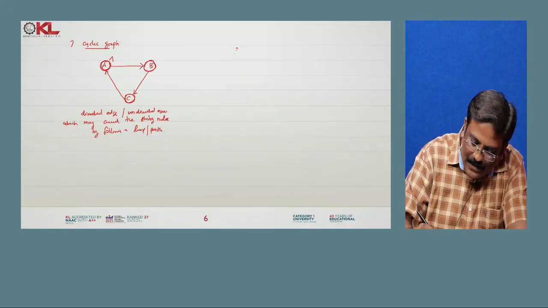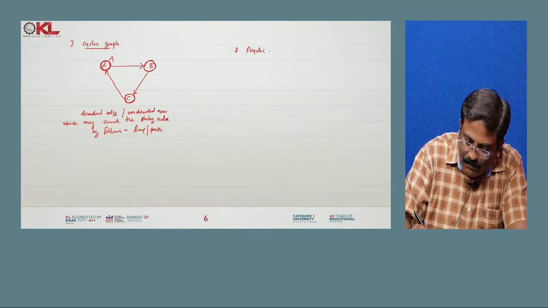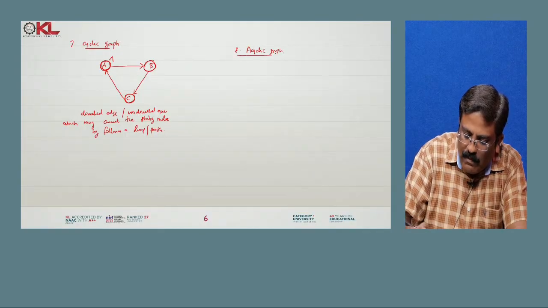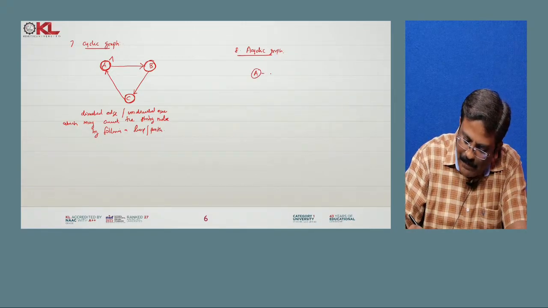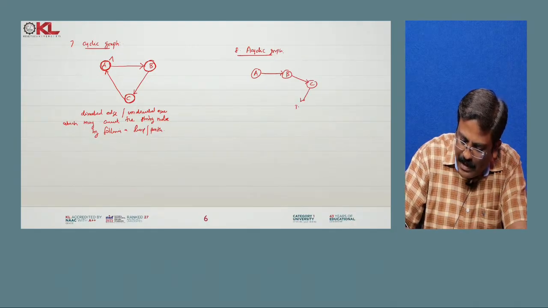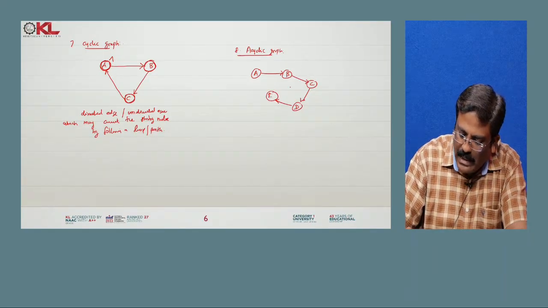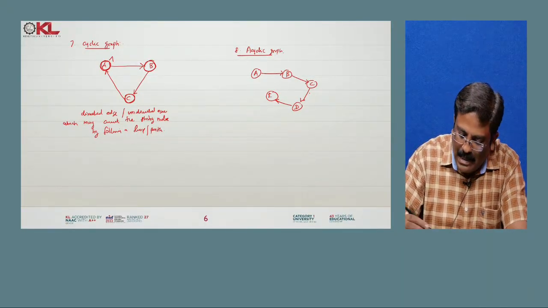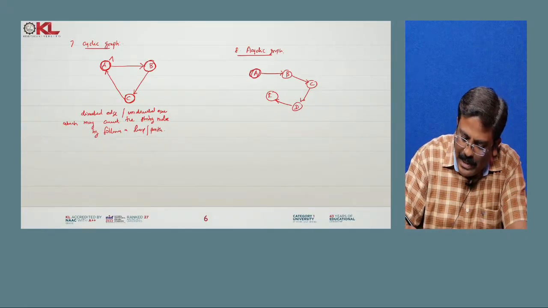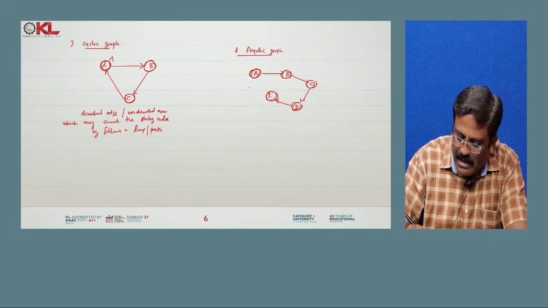Then what do we mean by an acyclic graph? Just the opposite of that. Let's say, for example, I go from A to B, then to C, then to D, and then to E. Let's consider this to be the graph. It is also a directional graph. I start from node A to node B, node B to node C, node C to node D, and node D to node E, but node E to node A is not possible.